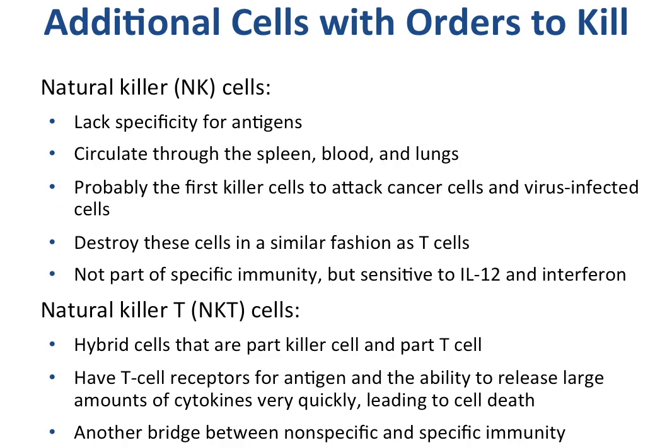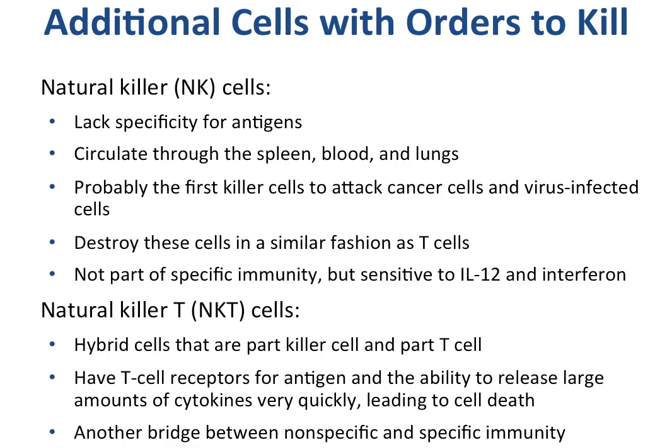So let's talk about the other cells, natural killer cells, NK cells. NK cells are not a specific immunity response. These cells circulate in the blood, so they can kill the cancer cells or all kinds of infected cells.